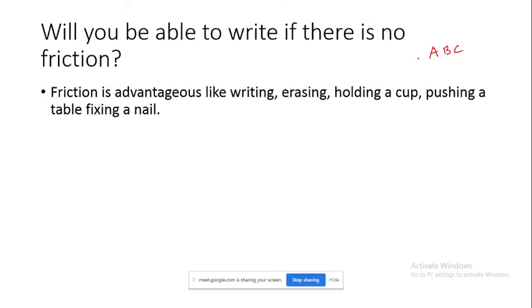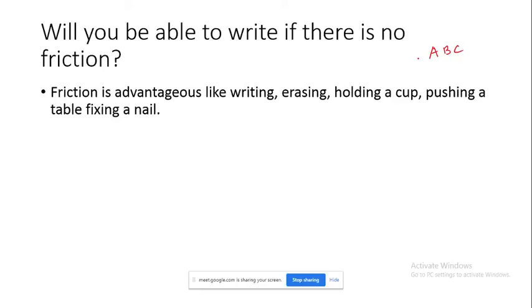Now in the kitchen, you see these glass tumblers that you use for drinking water or a cup of coffee. If you want to hold a cup in your hand, why is it not falling down?